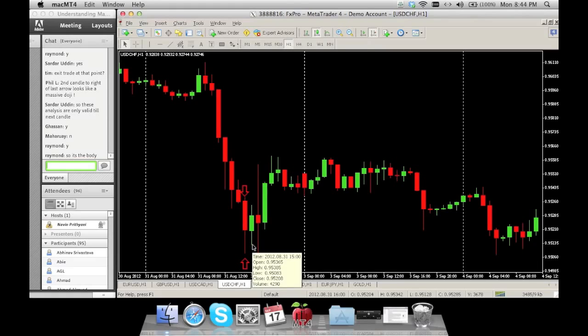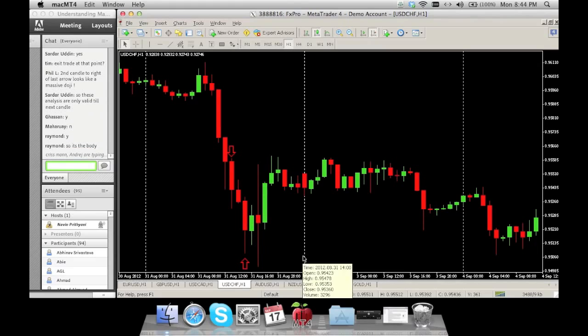Same thing it did over here. Once this candle was done, the next candle opened up, it went down, but it could not breach the previous candle because there's too much buying pressure. But you know the direction, you know where it's headed. Same thing happened here. You know where it was headed, but it halted. Does that make sense?